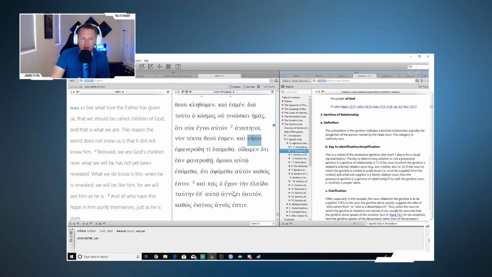And not yet revealed what we are. Ephanerothe, third singular aorist passive indicative.